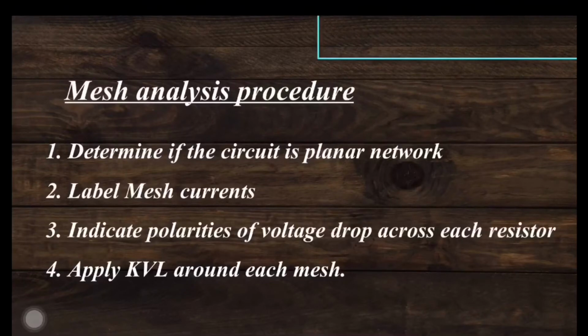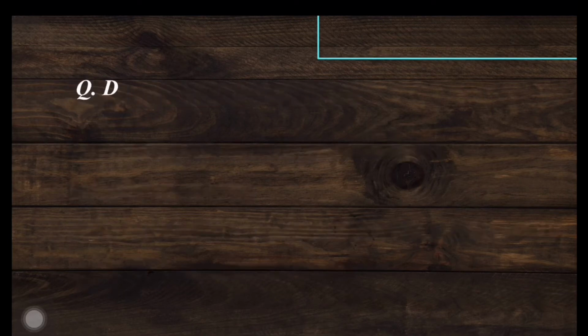When we write the KVL equation in a particular mesh, the total current through the common resistor should be taken as the assumed mesh current in which KVL is applied plus the assumed mesh current of the adjacent mesh in the same direction minus the assumed mesh current of the adjacent mesh in the opposite direction. This last point may be confusing. Don't worry, you will get a clear picture when we solve problems. So, moving on to problems.